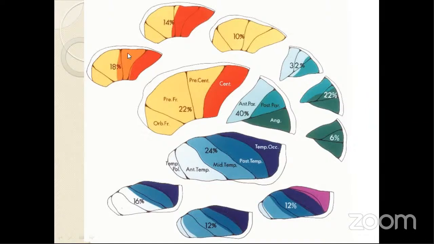These are the variations at the periphery that can be 18%, 14%, or 10% in frontal lobe. In parietal lobe, the variation can be 32%, 22%, or 6%, all shaded differently. And in temporal lobe, it can be 12%, 12%, or 16%, shaded differently.